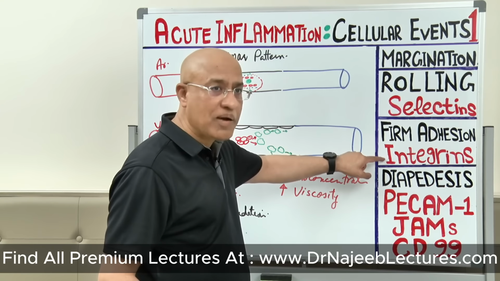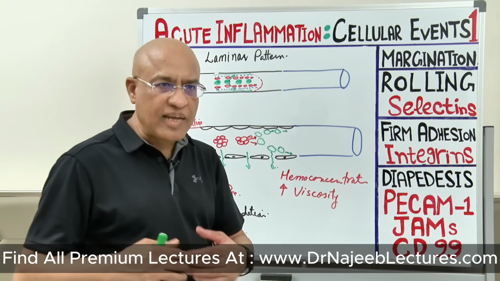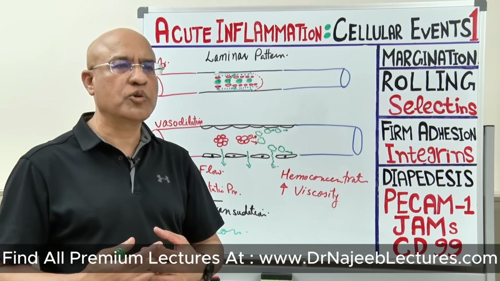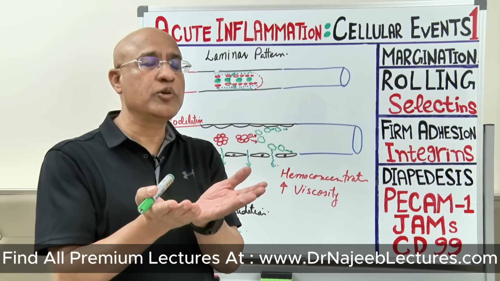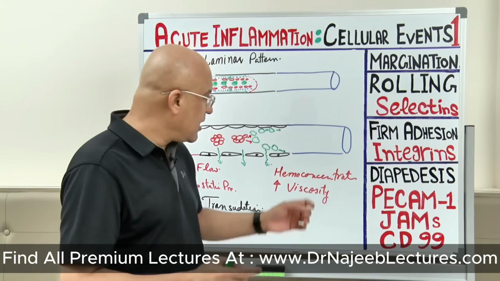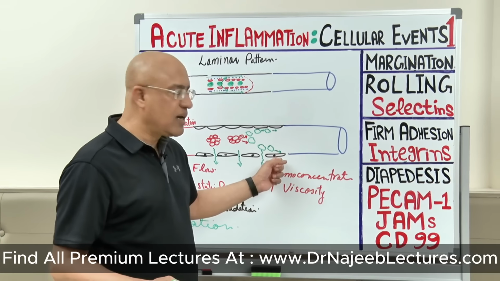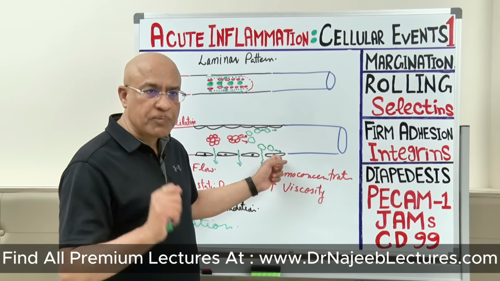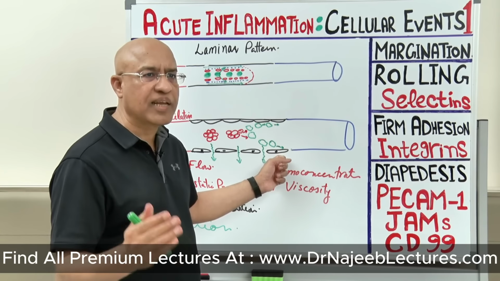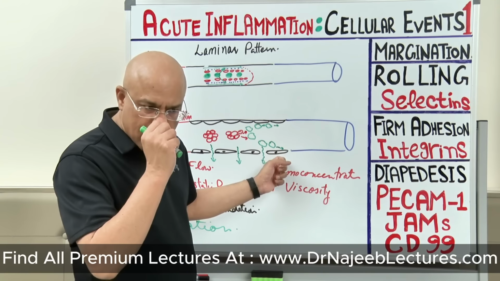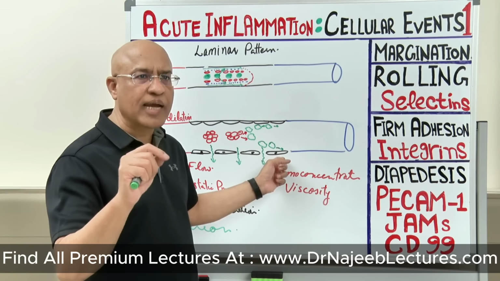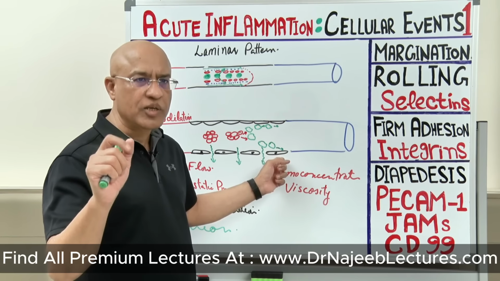Now integrin molecules, which are not really expressed, they are already present on neutrophils, are converted into high affinity status, and they interact with their special receptors on the endothelium, which I will explain later. These are VCAM, vascular cell adhesion molecules, and ICAM, intercellular adhesion molecules.